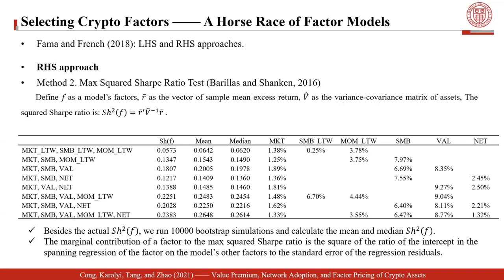Basically, how much each factor is marginally contributing to explaining the residual, the intercept, when you regress one factor onto the other factors. And we do see both the value factor and the network adoption factor that we introduce are contributing significantly to the marginal max squared Sharpe ratio. That's comparable to typical factors that we use in the equity market. Okay.